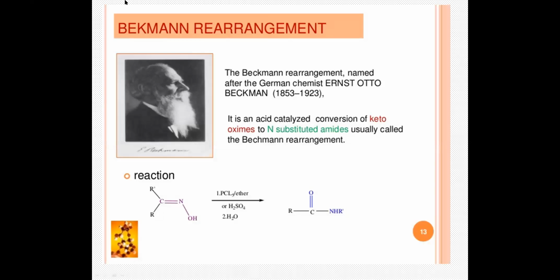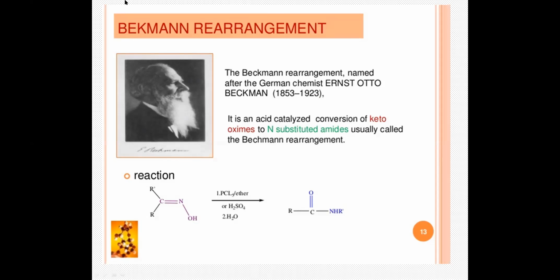Next reaction is Beckmann, B-E-C-K-M-A-N-N, Beckmann's rearrangement. It is named after the German chemist Ernst Otto Beckmann. It is nothing but an acid catalyzed conversion of a ketoxime into an N-substituted amide. So what is Beckmann's rearrangement?